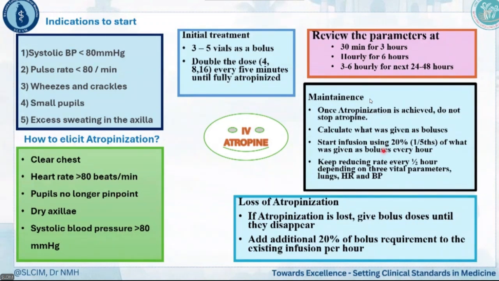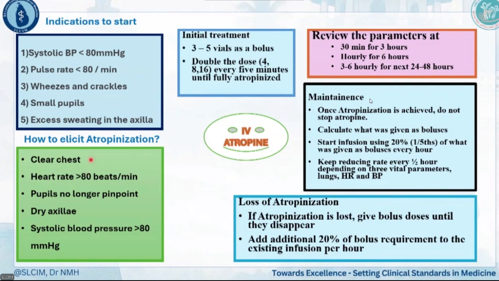Now, after you have given the few boluses, if the patient has achieved atropinization, then you have to calculate the boluses again, and from that take another 1/5 and add to the existing infusion rate. Okay, so that is how you continue the infusion. All right, so this is what I have to actually emphasize.